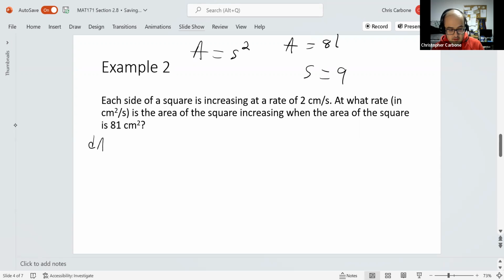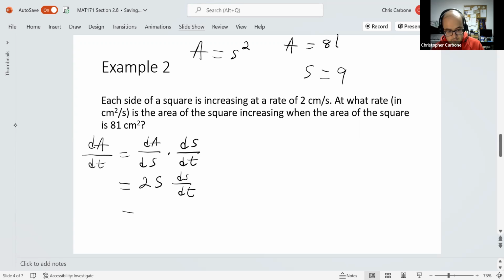The derivative of the area with respect to time is the derivative of the area with respect to the side length times the derivative of the side length with respect to time. So this is equal to the derivative of s squared, which is 2s, times ds over dt.